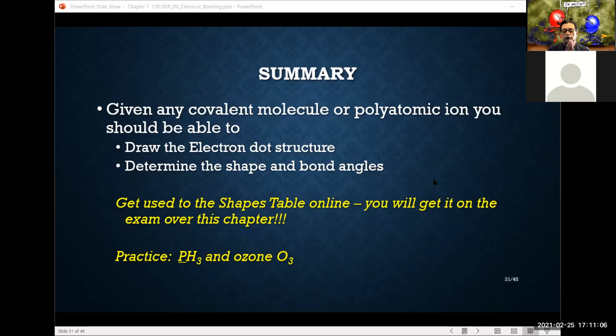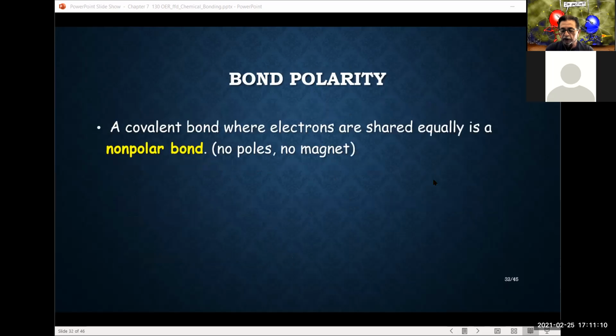All right. So with that being said, we've got to talk about bond polarity. We talked about covalent bonds and how that bond is either equally shared or not equally shared. If the atoms are the same in the covalent bond, then those electrons are equally shared.